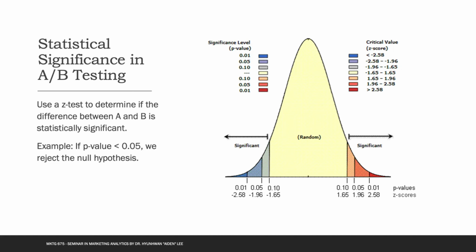If that probability, the p-value, is below 0.05, we say the result is statistically significant and we reject the null hypothesis. If it is above 0.05, the data are still compatible with the no difference story, so we do not reject it.